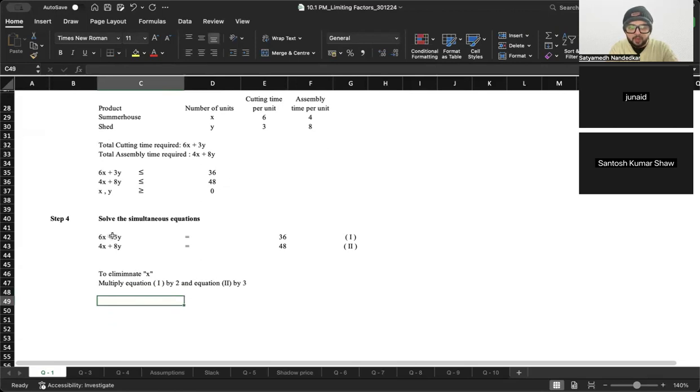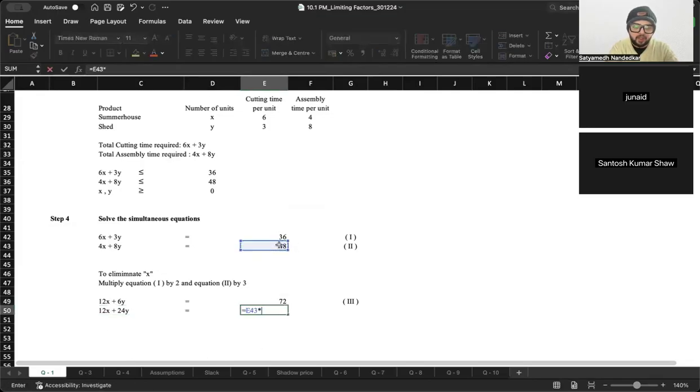So what will be the resultant equation now? If I multiply equation 1 by 2, I have to multiply both the sides. So it becomes 12x plus 6y equal to 72. And multiplying equation 2 by 3, here I'll get 12x plus 24y equal to 48 into 3.